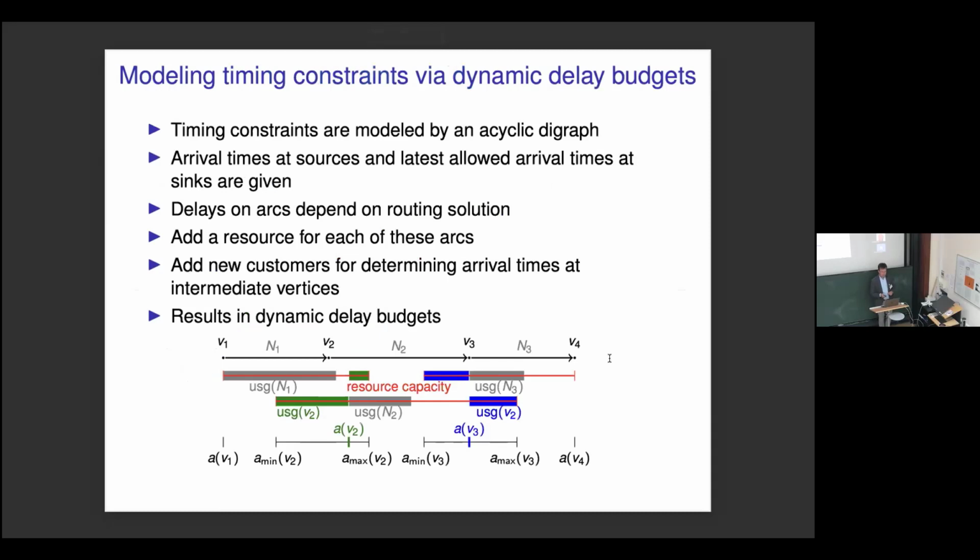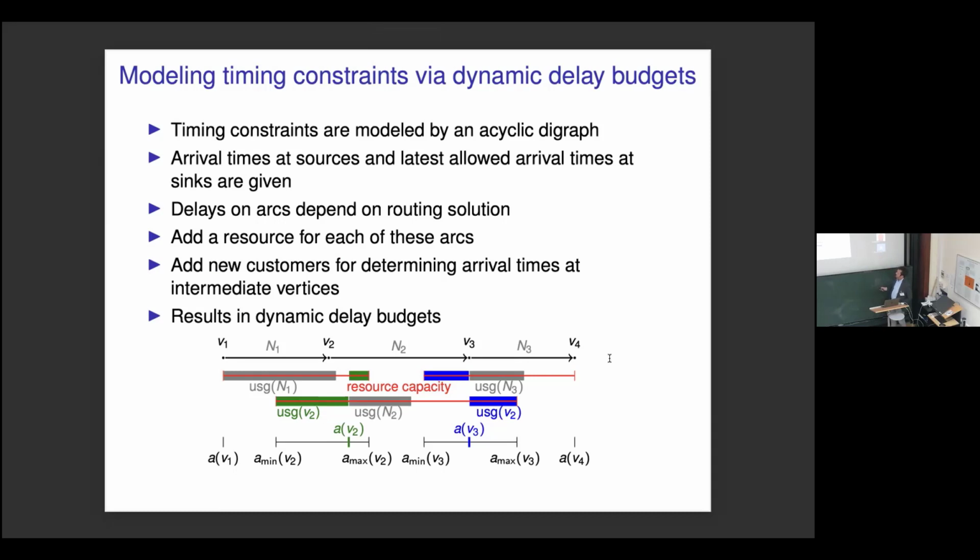Now, one word on how to model these timing constraints, because it's not completely obvious how to do it. So you have an acyclic digraph that models your timing constraint. You have the arrival times at the sources, at the inputs, required arrival times at the outputs. Look at maybe this example, a very simple one, a path with 3 edges.